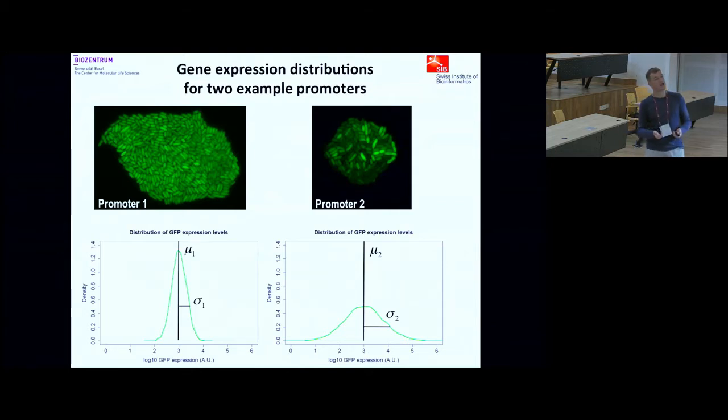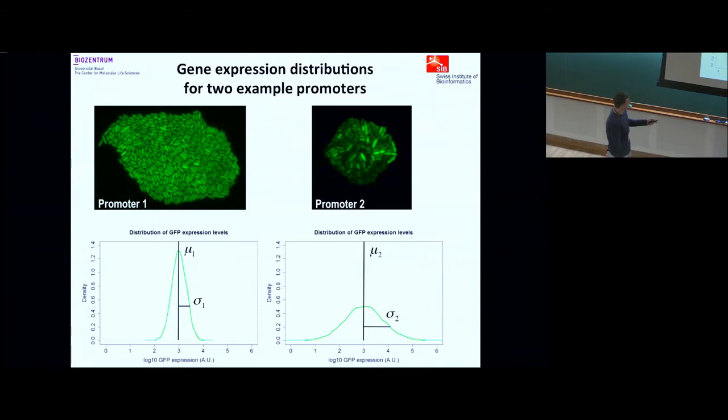Okay? And if you now go to the FACS and you measure like 50,000 cells and you plot a histogram of the log of GFP expression, they look Gaussian to a very, very good approximation. And this is actually the case for the vast majority of promoters.